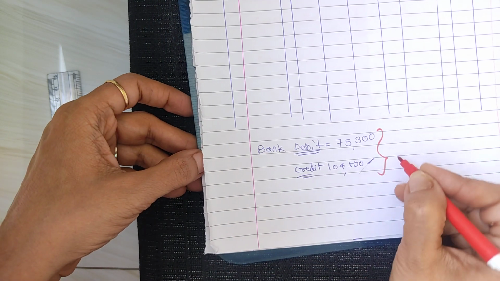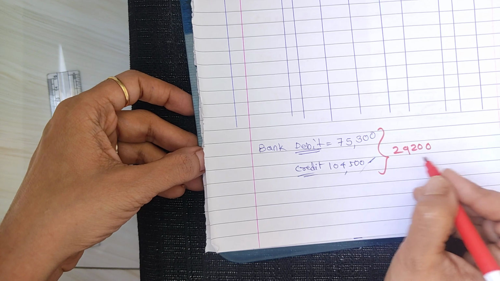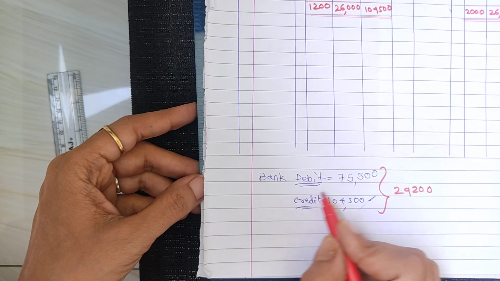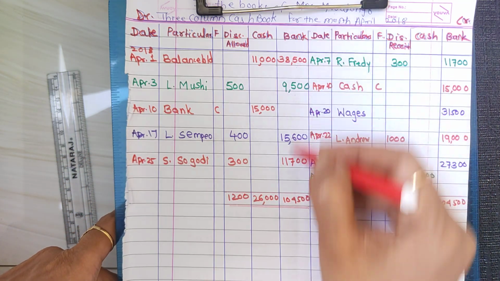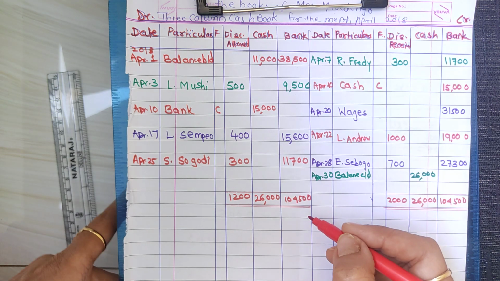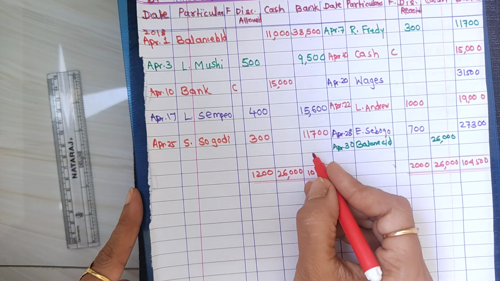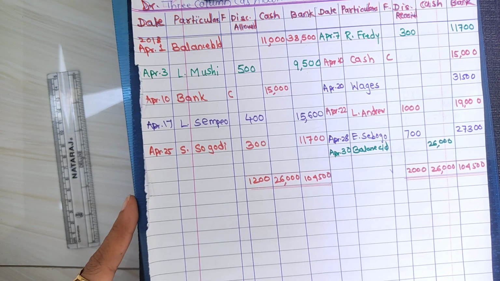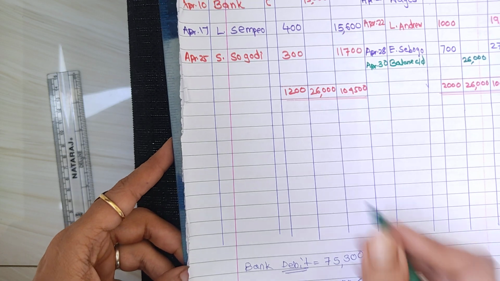So the difference is 29,200. This you have to write on the lower side. Which is the lower side? The debit side. See, here we have written this 104,500. But is the total of the debit side this much? No. So we have to write down this difference amount here so that the total will be the same. So the difference is 29,200.